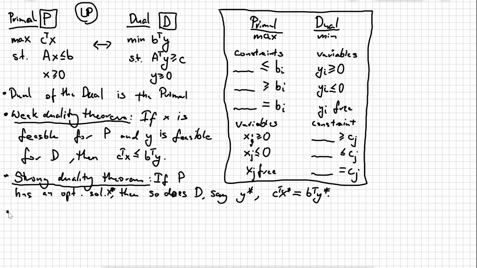For example, we can say what if the primal P is unbounded? If primal is unbounded, so we're maximizing, and then the solver says you can increase this objective to infinity, to plus infinity.